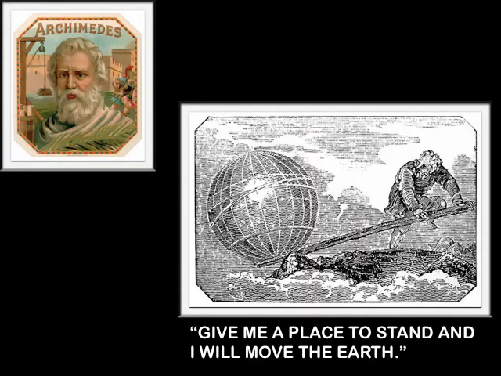The first person we know to describe this mathematically in a useful way is Archimedes. Archimedes has a quotation, "Give me a place to stand and I will move the earth," meaning an ordinary human force applied to a long enough lever arm can lift anything.